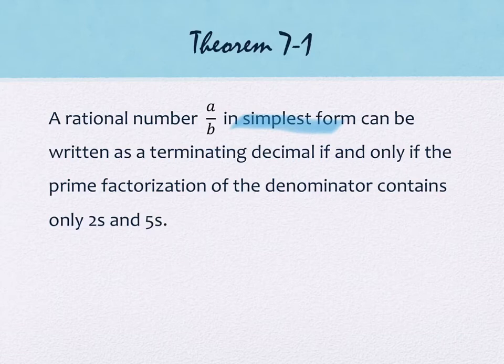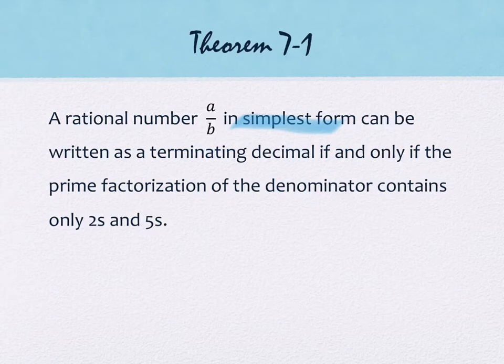So it's not so much that it's anything that is bigger than a 2 or 5, right? Because, you know, the number 10 is okay, because 10 is 2 times 5. But the number 15 wouldn't be, because 15 is 5 times 3. So anytime you have the denominator giving you factors that are not 2s or 5s, then it will not terminate.